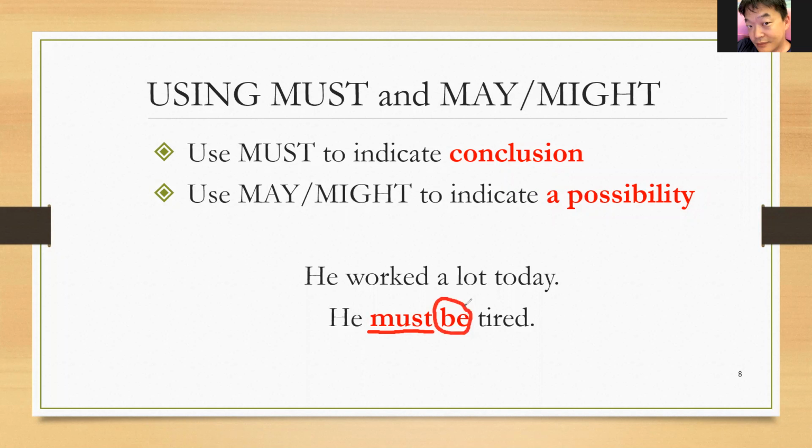The book calls it the base verb, but you can also call it the infinitive. It's the infinitive form, okay? Now, this is a conclusion. How about the possibility? He worked a lot today.